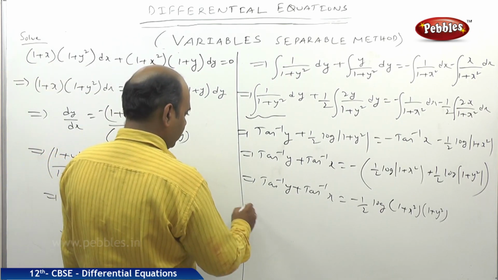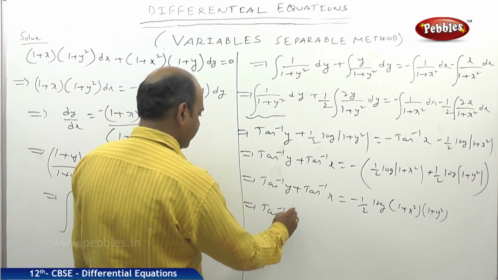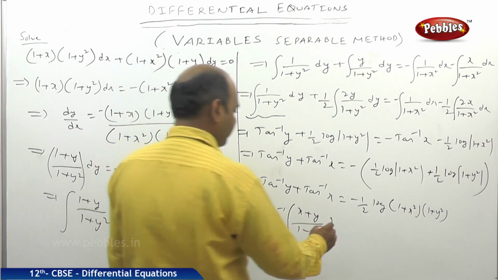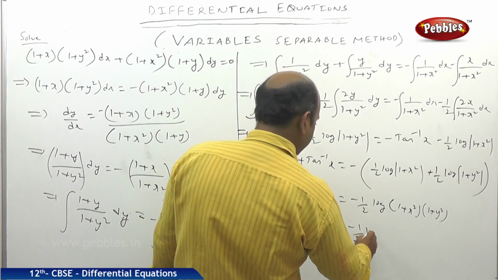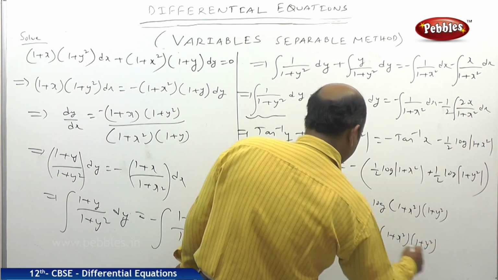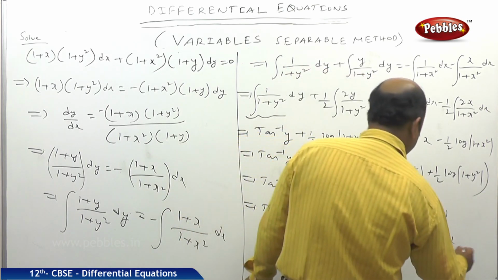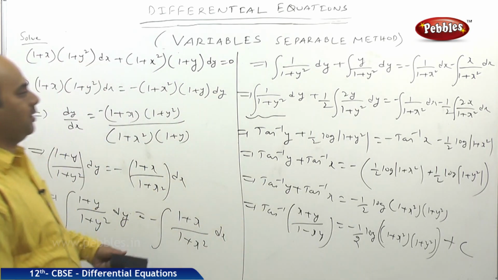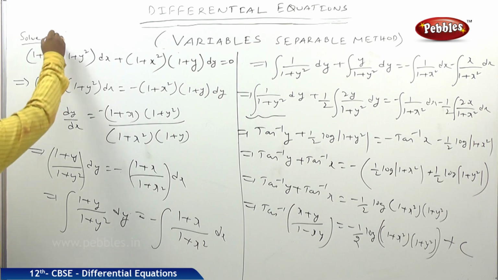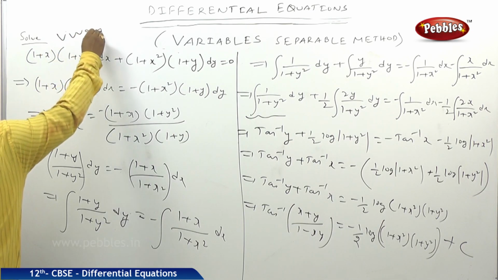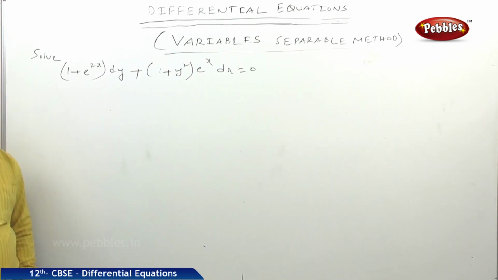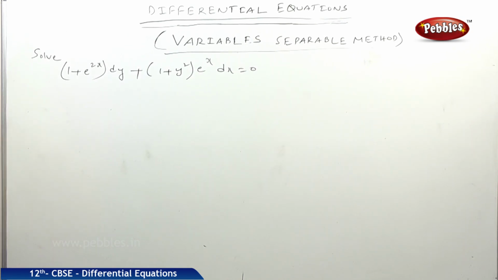So this whole thing I can write like this: tan inverse of x plus y means tan inverse of (x + y)/(1 − xy) is equal to minus 1/2 log of (1 + x²)(1 + y²). On the whole I will be putting as c, and this particular relation is the solution of the given differential equation. This is a very important problem. Please copy.